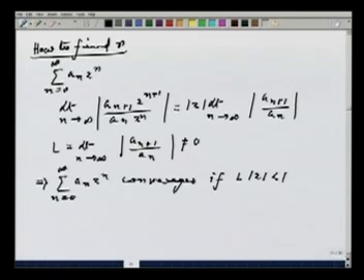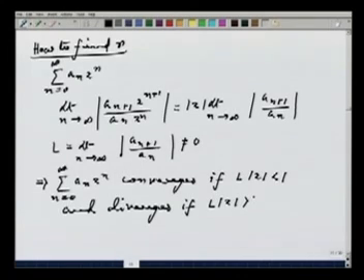This is by ratio test, and diverges if L times mod x is strictly bigger than 1.